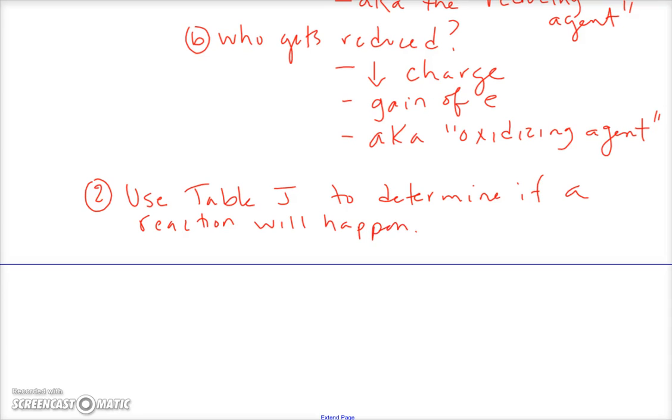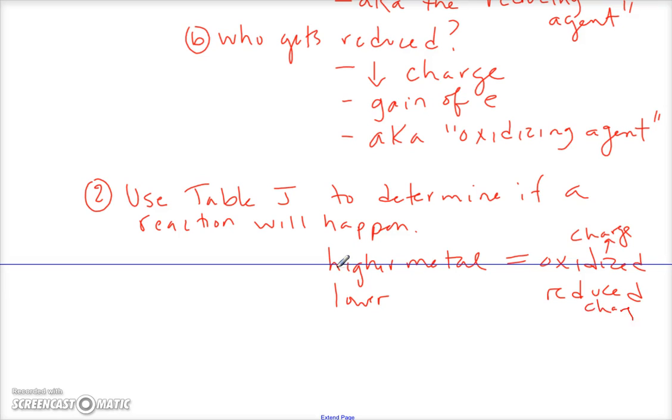So what you are looking for is, of course, on Table J, the higher metal will be oxidized and the lower metal will be reduced. And so of course, for it to be oxidized, the charge is going to go up, and for the element that's going to be reduced, the charge is going to go down.